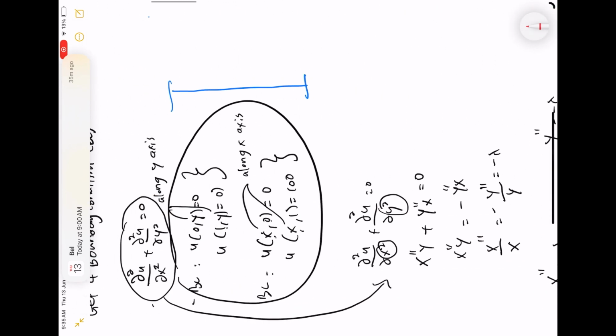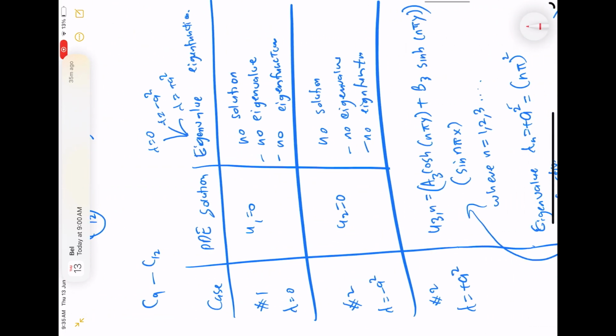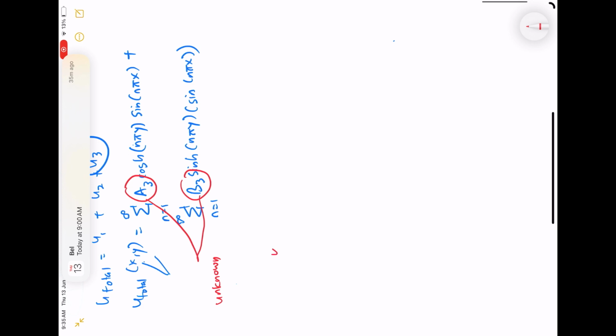This one we used. This one not yet. u(x,0) equals 0, u(x,1) equals 100. Boundary condition number 3. I forgot. u(x,0) is equal to 0. u(x,1) equal to 100.